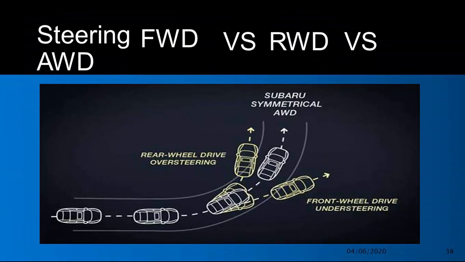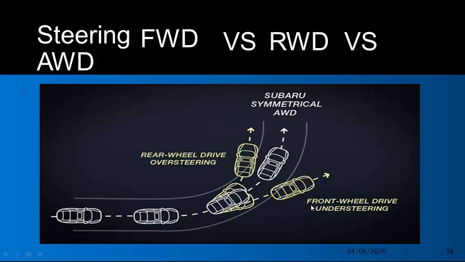Let's see the turning radius comparison between front wheel drive, rear wheel drive and all wheel drive. There are two terms we are using: oversteering and understeering. I'll explain later what oversteering and understeering are. While you are turning, if your vehicle is going inside the center of the curvature, then the phenomenon is known as oversteering.